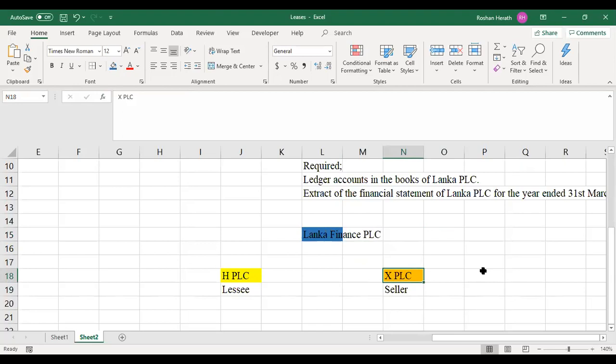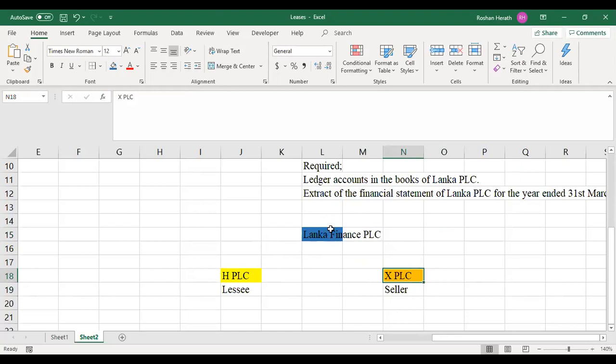We find that under a lease agreement it would be convenient for us to pay in installments and settle with you. So can you provide me a lease facility? That's the offer HPLC would give to Lanka Finance.